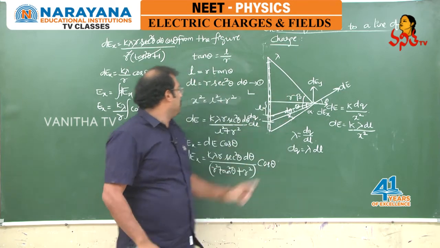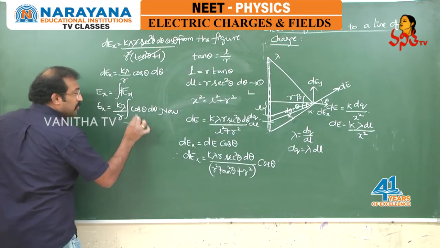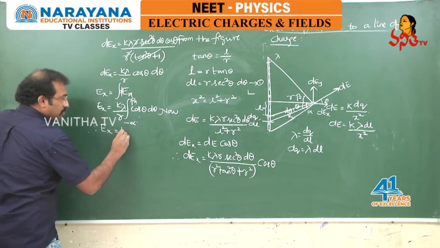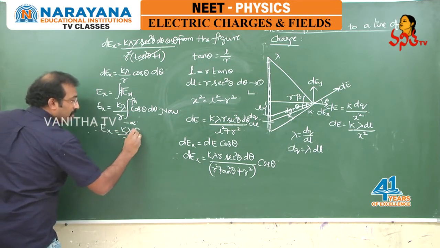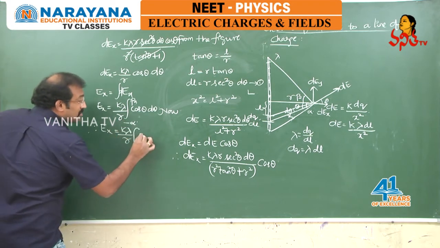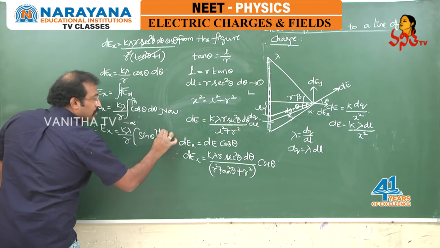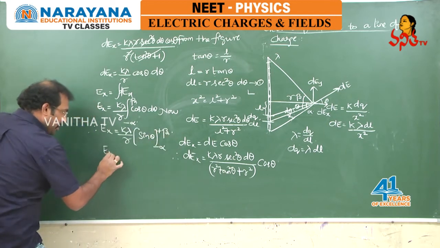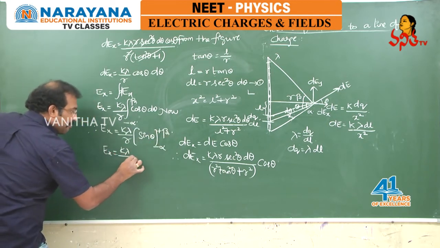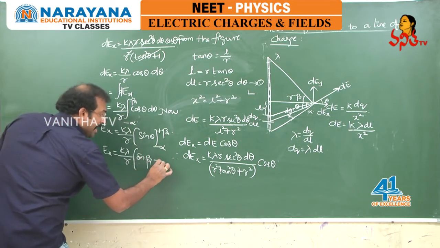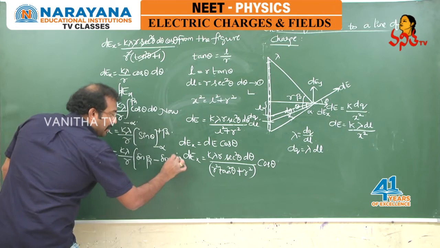Therefore Ex is equal to k lambda by r into sin theta from minus alpha to plus beta, so sin beta minus sin of minus alpha.